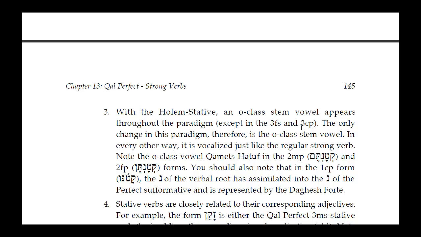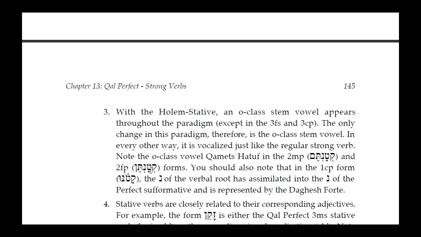The only change in this paradigm, therefore, is the O class stem vowel. In every other way, it's vocalized just like the regular strong verb. And we noted that the O class vowel comes Qamets Hatuf in the second masculine plural and the second feminine plural.